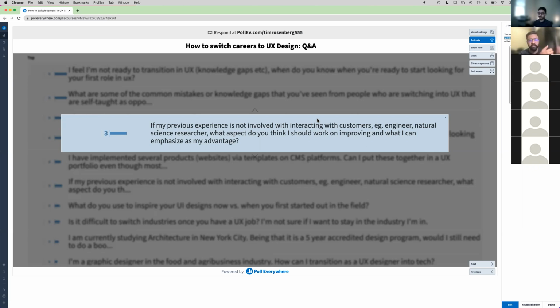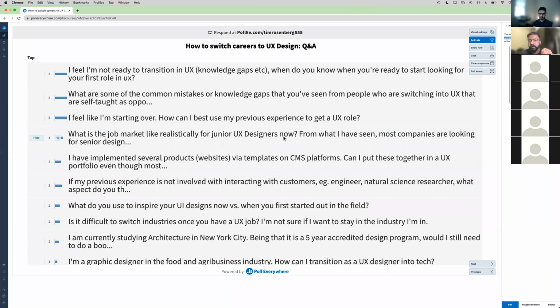Natural science researchers have some background in talking to people and conducting research. Or maybe you're into finance, and if you take up a project in fintech, you would have some information regarding finance. So your past experiences are not useless. They actually help you a lot in your next role.